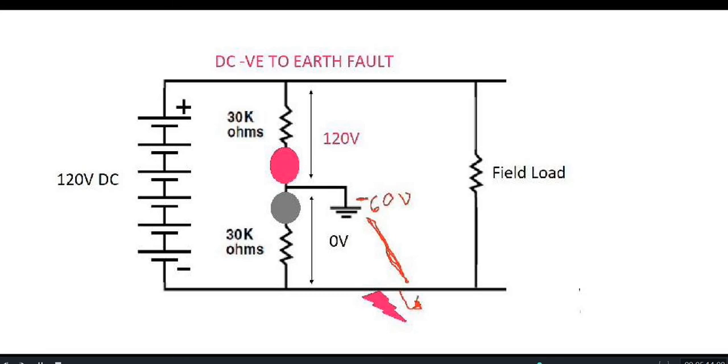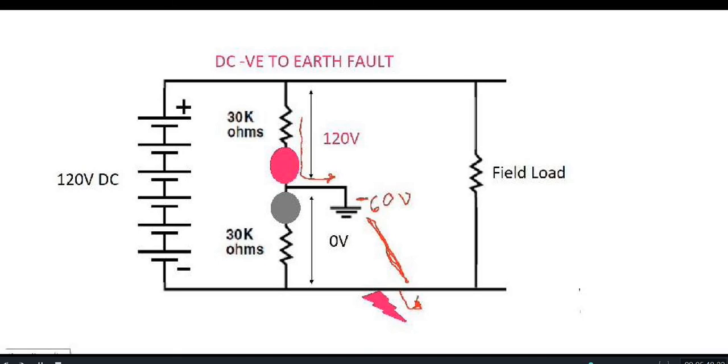Because of the discharge of this 120 volt from positive DC to earth, a leakage current flows from positive to earth. Because of the flow of current through this resistance and through this LED, the LED starts glowing and also gives a siren for the operator. That way the operator comes to know that there is an earth fault on the negative arm of the battery or the DC-DB.